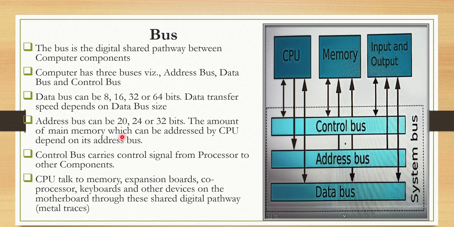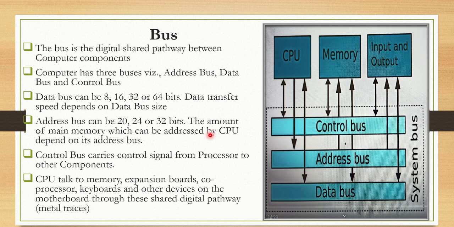The data bus can be 8, 16, 32, or 64 bits. Data transfer speed depends on the data bus size. If you have an 8-bit data bus, that means 8 lanes are there, and each lane transmits 1 bit. So 8 bits, that is 1 byte of data, will go per clock cycle.